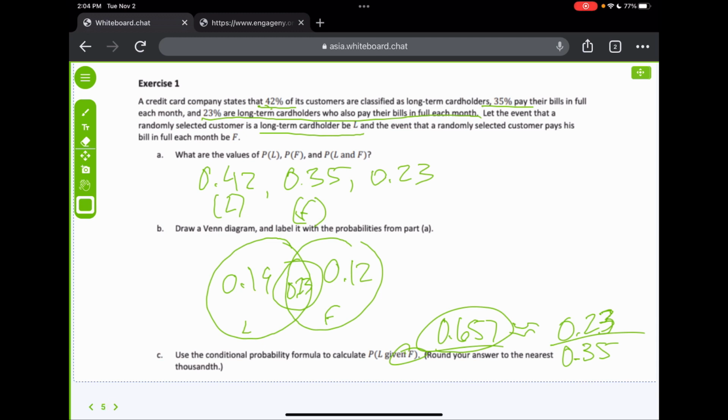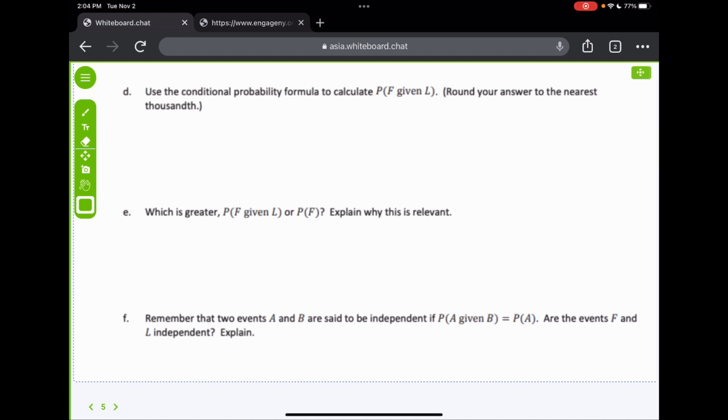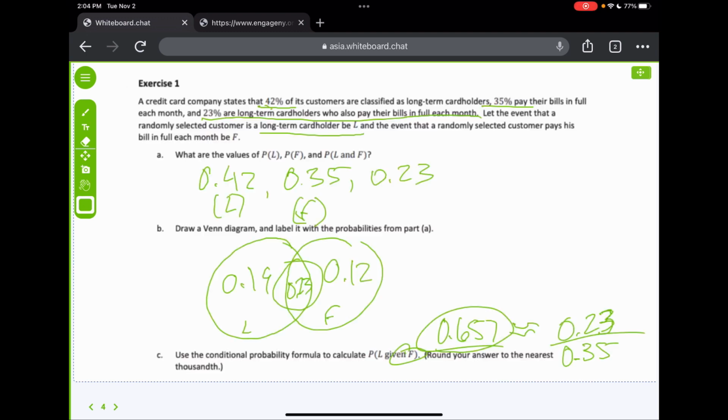Now, let's go to page 5. It says use the conditional probability to calculate the probability of F given L. Well, that's just the exact opposite, right?